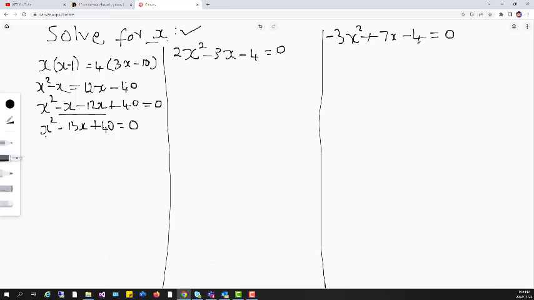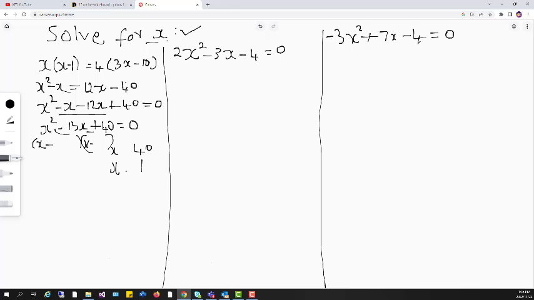So let's check. The terms of x squared would be x and x. Of 40, it could be 40 and 1. Let's see if that works. The terms of x will definitely be x and x, nothing else. And then we know that if we have a negative in the middle term and a positive last term, then both brackets will be negative.